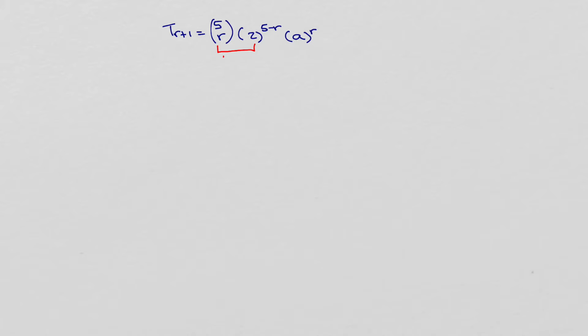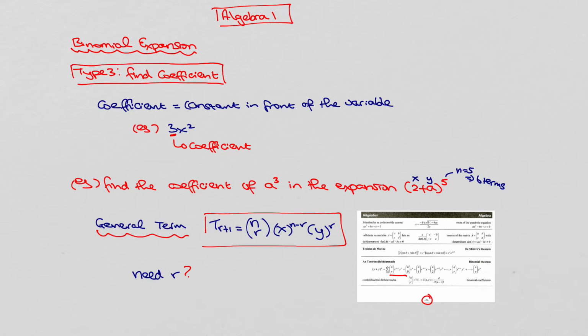So both of these are basically a constant, where a is the variable, and therefore this constant is the coefficient of a to any power. And if you look there, there's no number in front of a, which means that if I look at its power, the power is r, but I want a cubed. So this is our hint in the question.